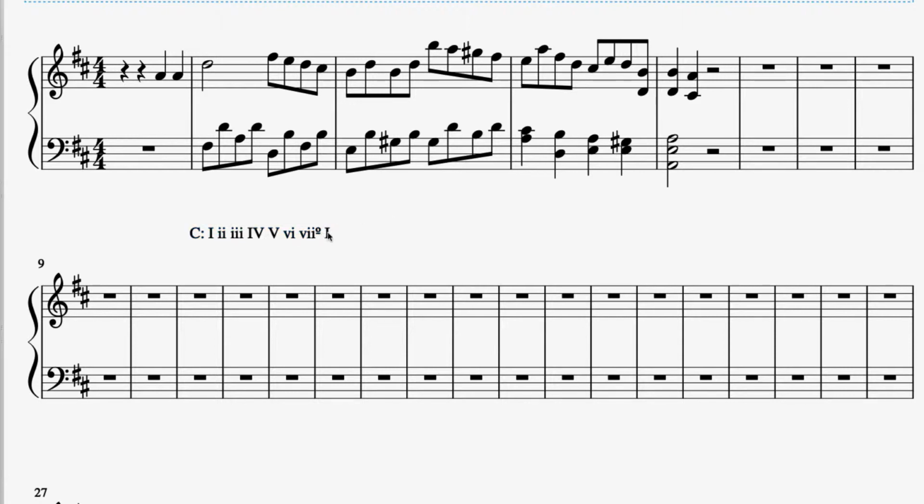Okay? Now let's say, what's another key? Well, what I really should do here is, let's write the names of the chords. C major, D minor, E minor, F major, G major, A minor, B dim. Okay, those are all our chords in C major.